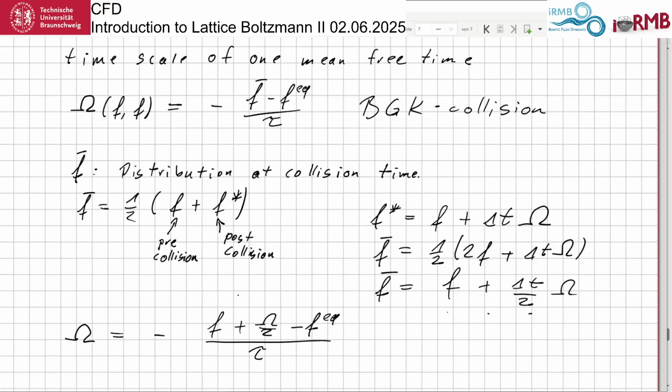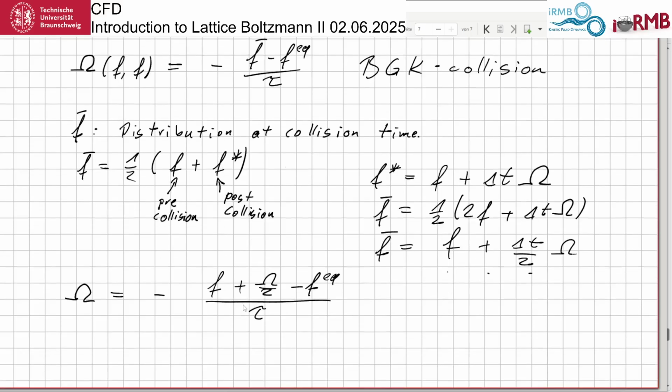Why is this cool? It's cool, so mathematics heart is pounding, because it's implicit. The collision depends on itself, and it's even cooler, namely we can resolve this dependency.